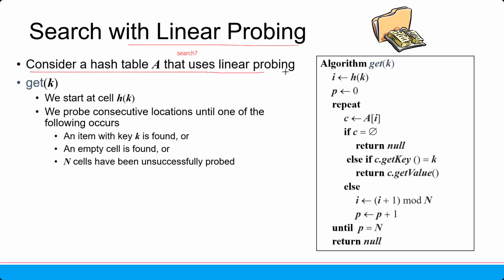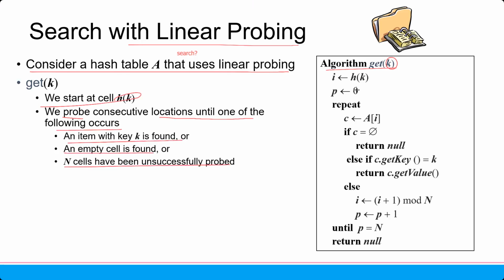So we need to consider a hash table A that uses linear probing. Then if I want to get the value of key K, we need to start at the cell h(K). And then we probe. Probe means we check one by one. We probe consecutive locations until one of the following occurs: an item with key K is found, or an empty cell is found, or N cells have been unsuccessfully probed.